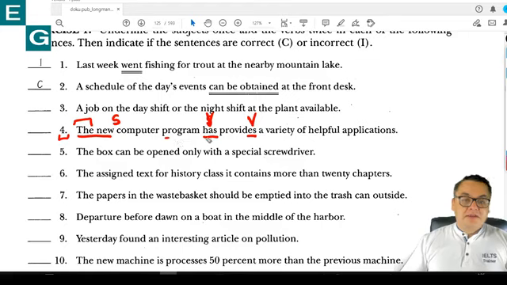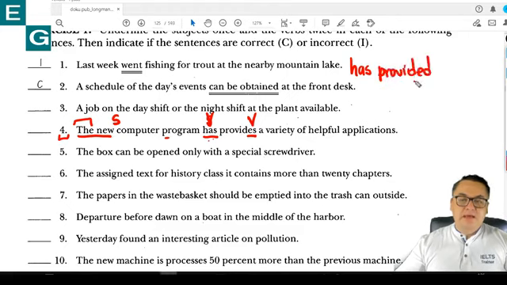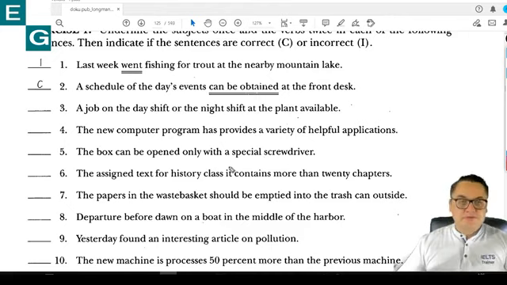For this sentence to be correct, the conjugation should be has provided. Then it would be okay. Since it is not, I have here a verb in simple present and here another verb in simple present. So I will have 2 verbs. I just need 1.